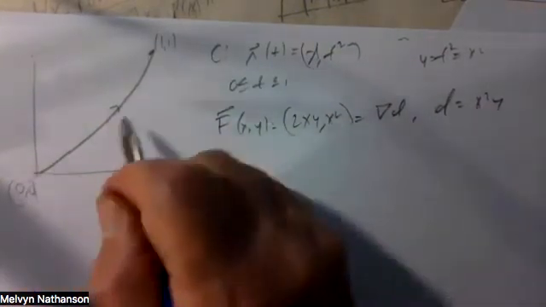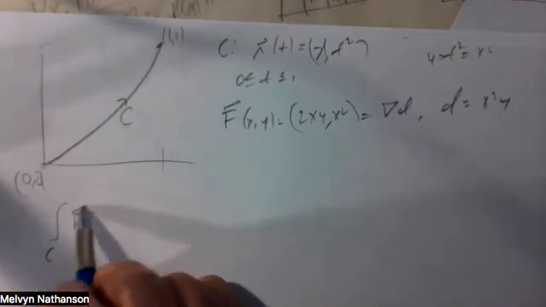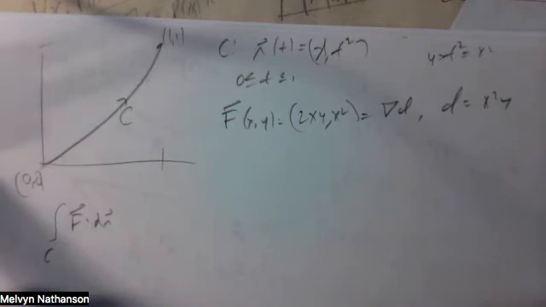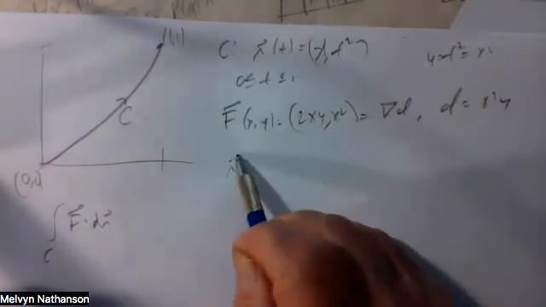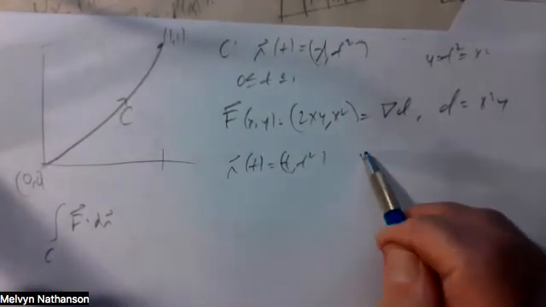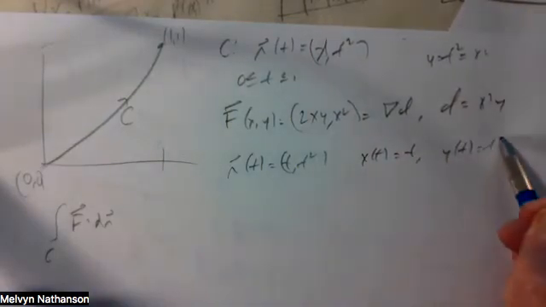And now along this curve C, I want to calculate the line integral f dot dr. So along C, r of t is (t, t squared). So x of t is t, and y of t is t squared.